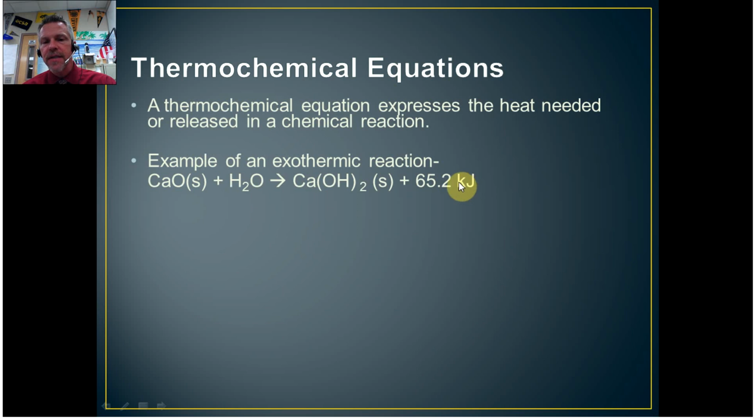What this tells us is that heat in the form of kilojoules is a product in this reaction. It's given off. It's being produced. This is an exothermic reaction. We show that by putting a heat term on the right side of this equation, and in this particular case, 65.2 kilojoules are being produced in this chemical reaction.